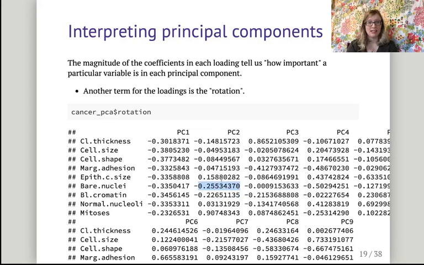The rest of these are less important. The third principal component really looks like cell thickness is coming into play here. Cell thickness is important, maybe negatively related to marginal adhesion as well, and so on. That's how we would work through interpreting each of these principal components. Sometimes there will be a clear differentiation, sometimes there won't be.